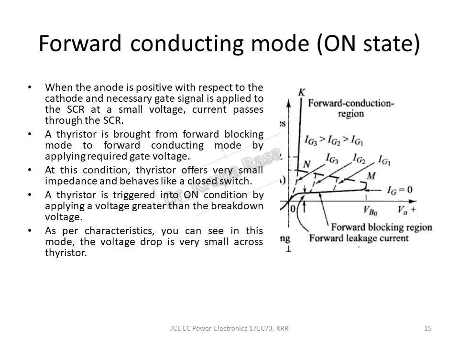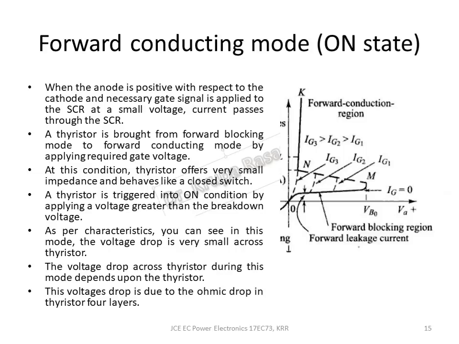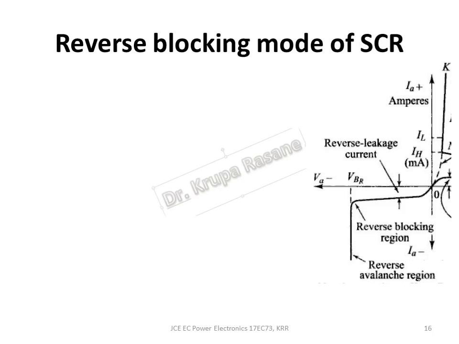That voltage will come across anode and cathode. The voltage drop across the thyristor during this mode depends upon the thyristor and the external circuit, so it could be anywhere from 1 to 1.5 volts. This voltage drop is due to the ohmic drop in the thyristor's four layers.